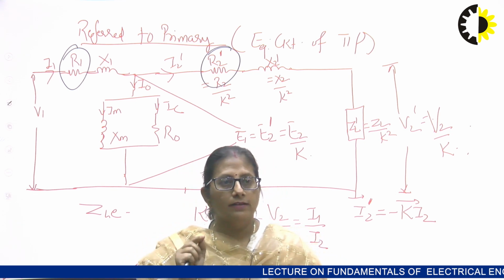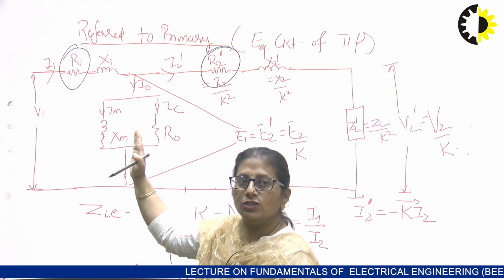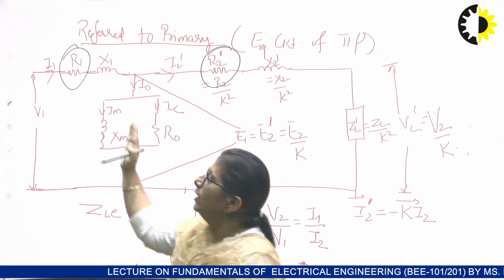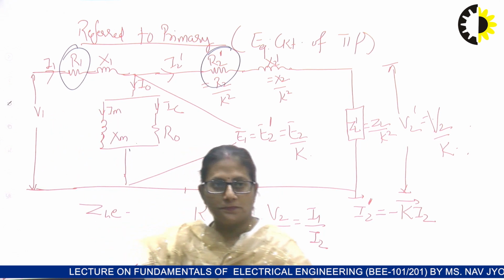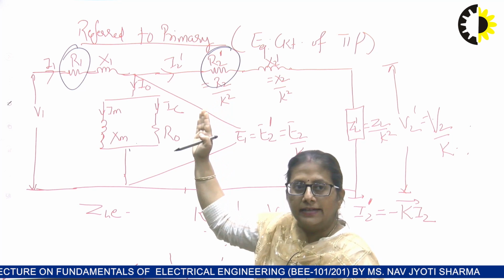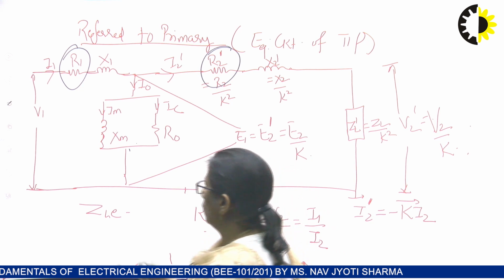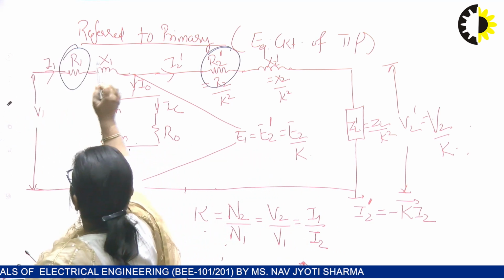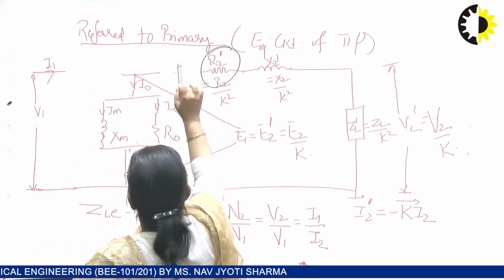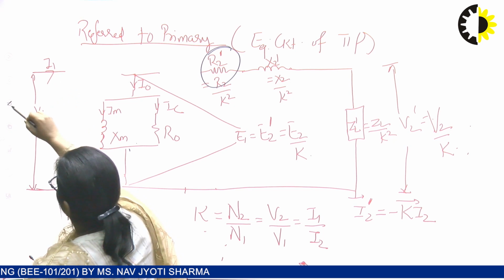With a certain amount of approximation, the no load circuit is shifted, and deliberately an error is created. The no load circuit is shifted prior to R1 X1, or I may say R1 and X1 are shifted towards the right hand side of the no load circuit, right? So now I shift this resistance and reactance, not towards the secondary side but towards this side of the no load circuit of the transformer.